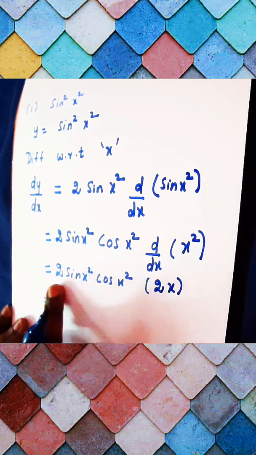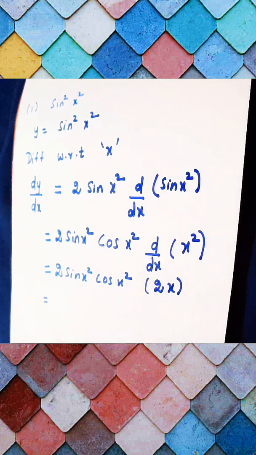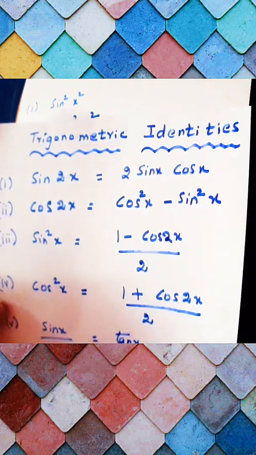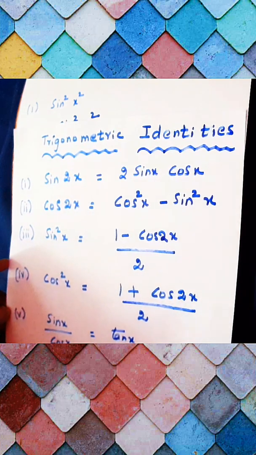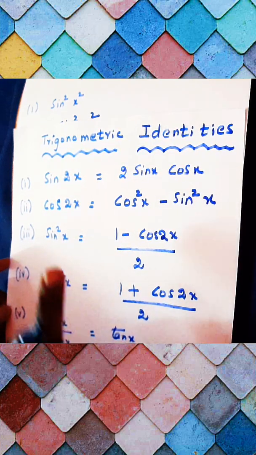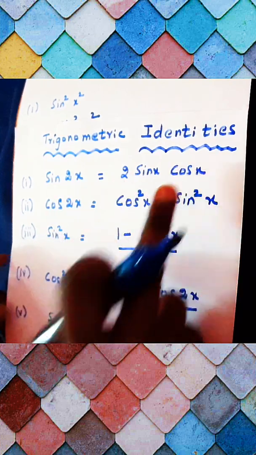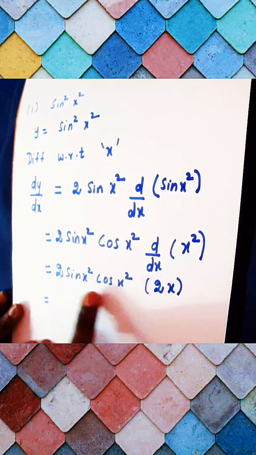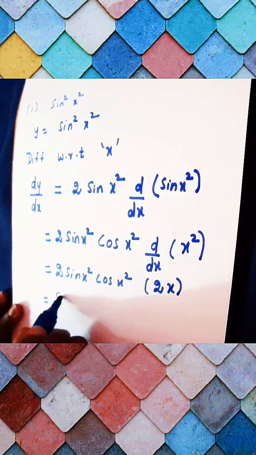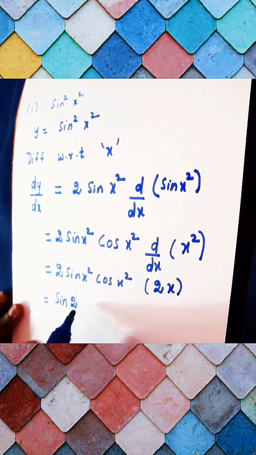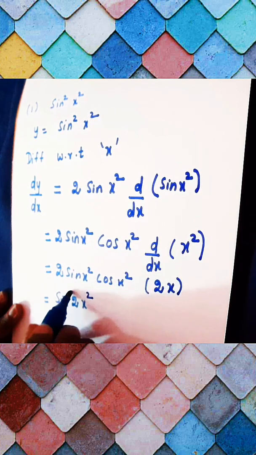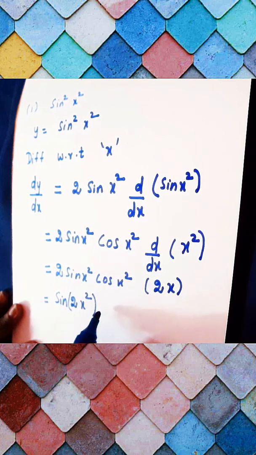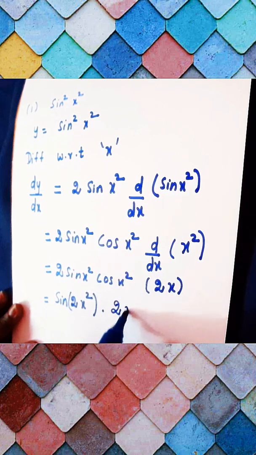We know 2 sin x cos x is nothing but sin 2x. Sin 2x is 2 sin x cos x. So 2 sin x square cos x square is nothing but sin 2x, but in place of x, you have x square. Sin 2x square into 2x.